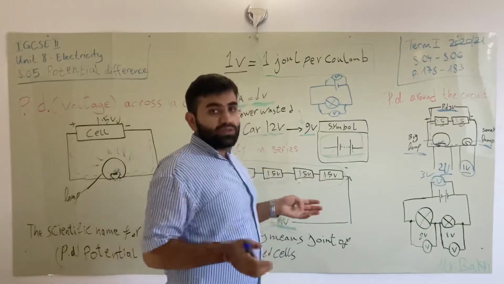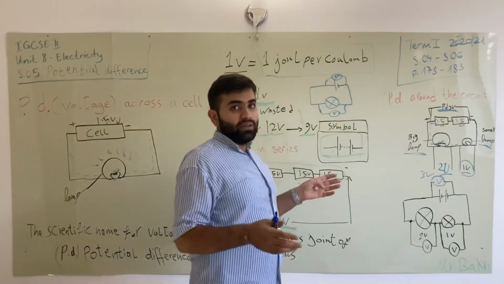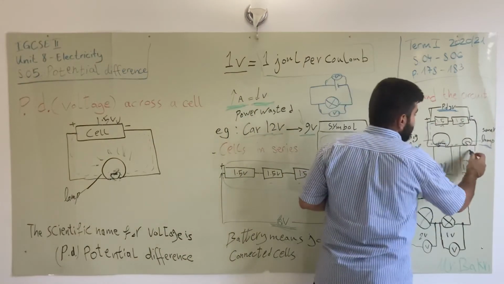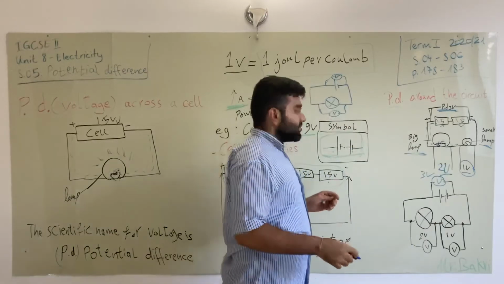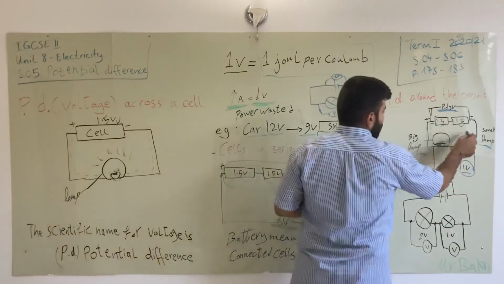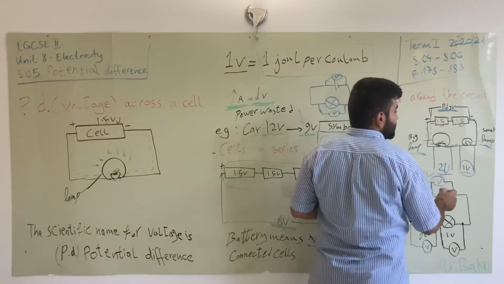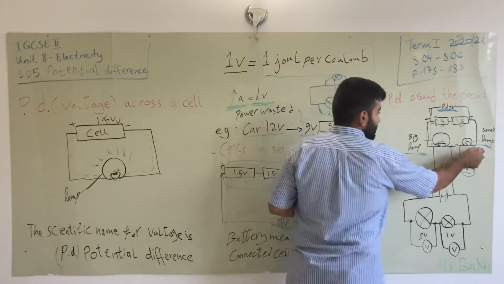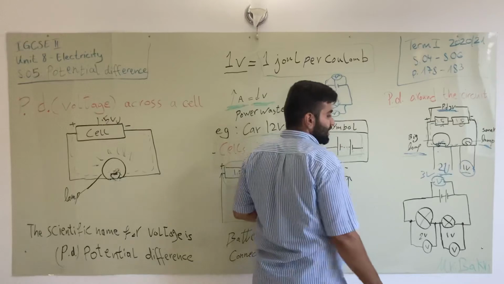So almost there's no extra power, just like the connecting wire takes nothing. So for this, let me say 1 volt, 2 volt. Why? Because this is smaller and this is bigger. Small lamp and big lamp.